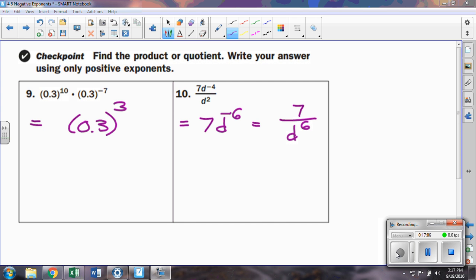That's all we needed to do for this lesson. We're just looking at how do you work with negative exponents. We just need to keep in mind that if you switch its location, moving it down to the bottom, you'll change the sign. If you move it back up to the top, you'll change the sign back. Whether you move the power up or down, just change the sign.